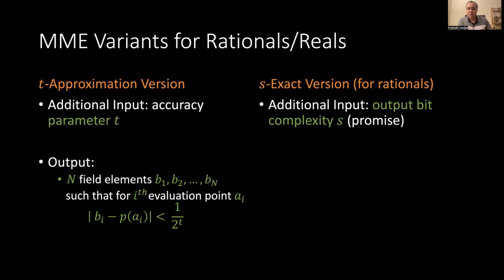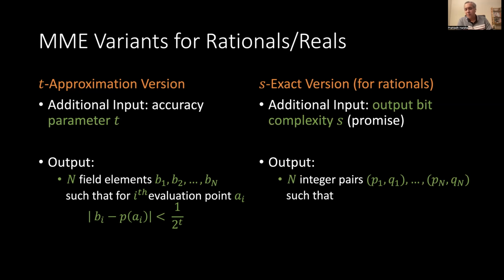This is a promise given to us. And given this promise, we want to output all the output rational numbers, p1 by q1, p2 by q2, pn by qn, so that these rational numbers are in fact the right evaluations. And furthermore, we want the representation to be of size at most 2 to the s in both the numerator and denominator.